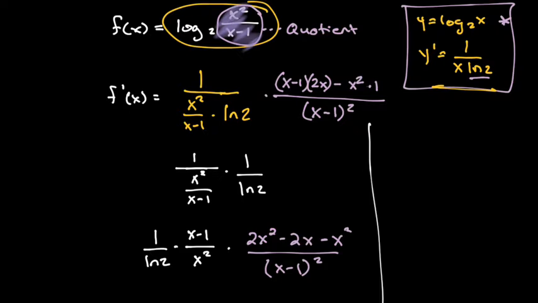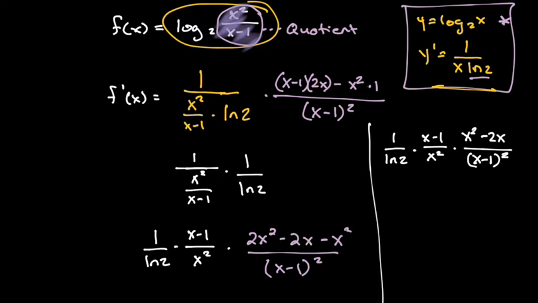I'm still going to have my 1 over ln of 2 multiplied by x minus 1 over x squared, multiplied by 2x squared minus x squared, which is x squared. Then I still have subtract 2x, not a big deal, all over x minus 1 squared.